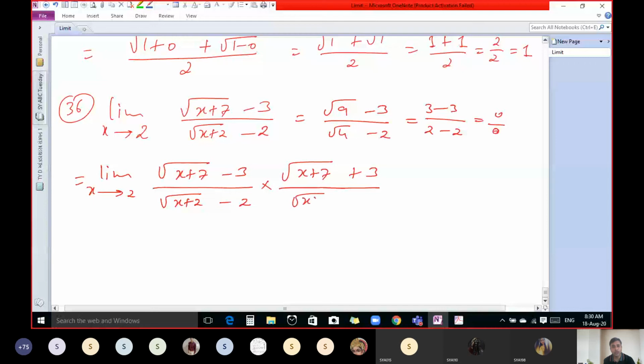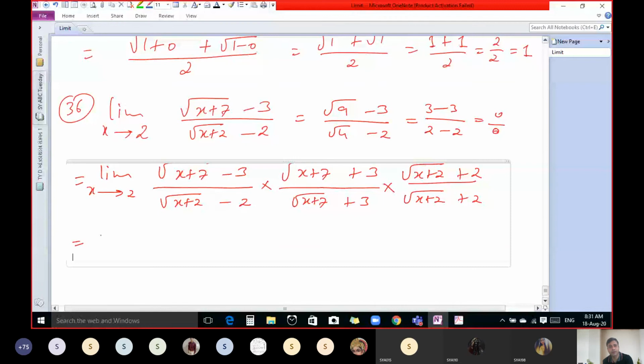And the same thing you have to do for the denominator. You can rationalize simultaneously for the numerator as well as for the denominator.